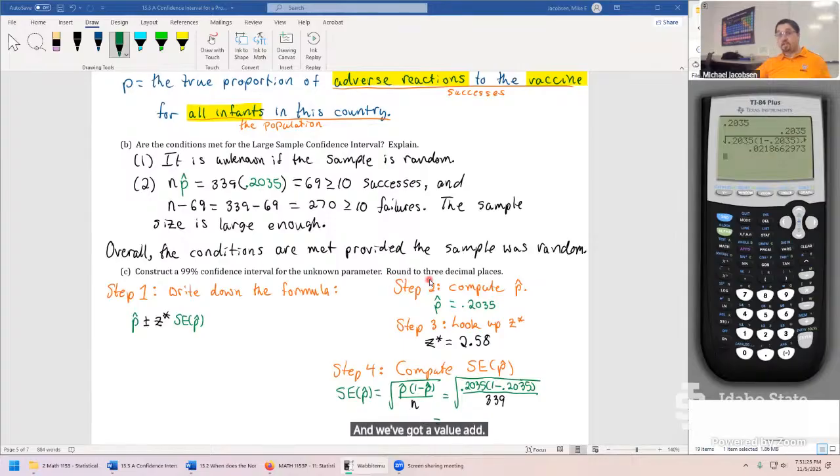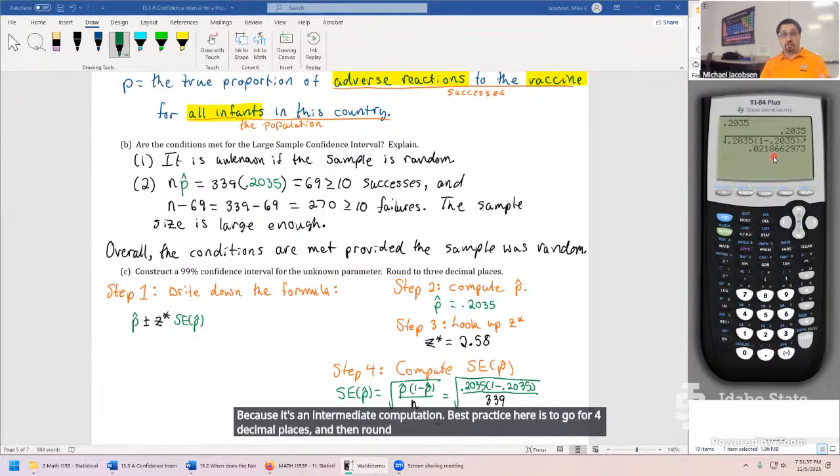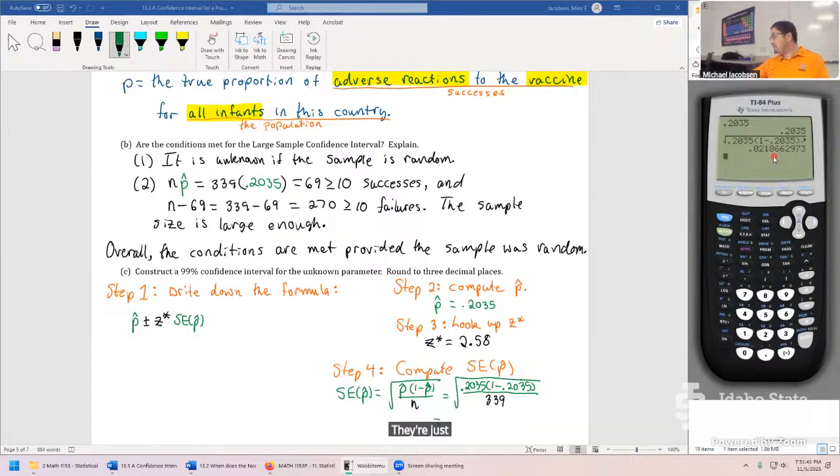We're rounding to 3 decimal places, but this is a computation in the very middle. Because it's an intermediate computation, best practice here is to go for 4 decimal places and then round your final answer to the 3 places, just to make sure you're just a little bit more accurate. So to 4 decimal places, this is a 0.2189.